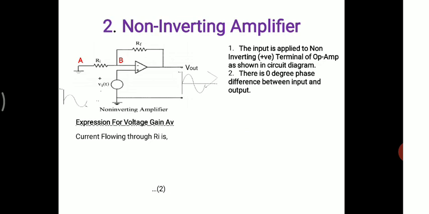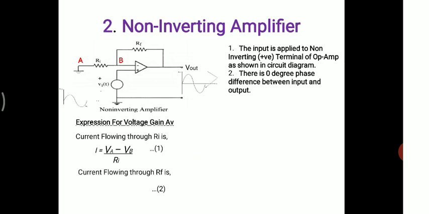Then according to Ohm's law, the current flowing through resistance Ri is I equals Va minus Vb divided by Ri. Here Va minus Vb is the potential difference between point A and point B, which is also the voltage drop across resistance Ri. This equation is equation number 1.